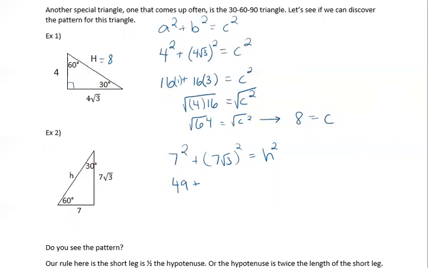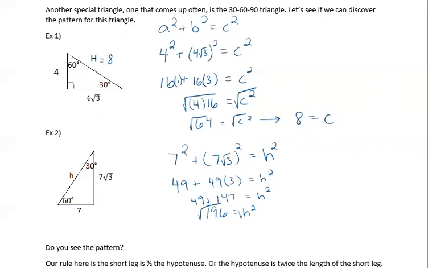Okay, so I'm going to square 7 and I'll get 49, and then I'm going to square the square root of 3 and I'll get 3. 49 times 3 is 147. 147 plus 49 is 196.